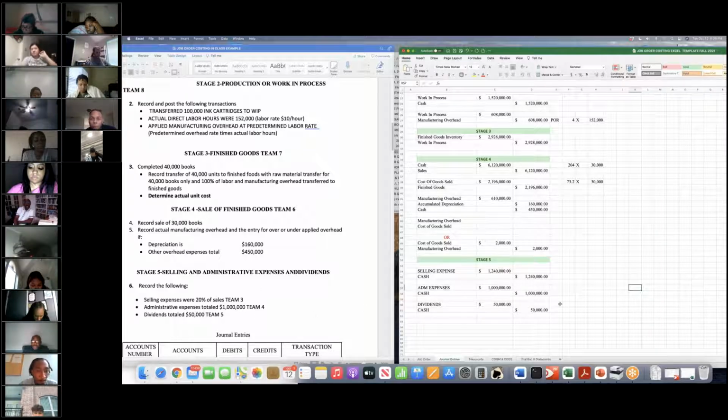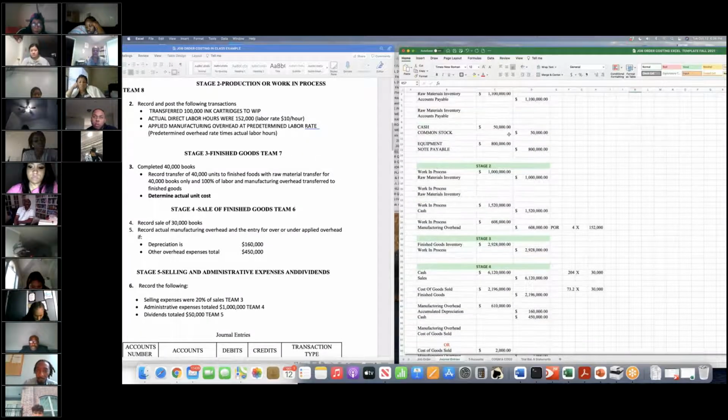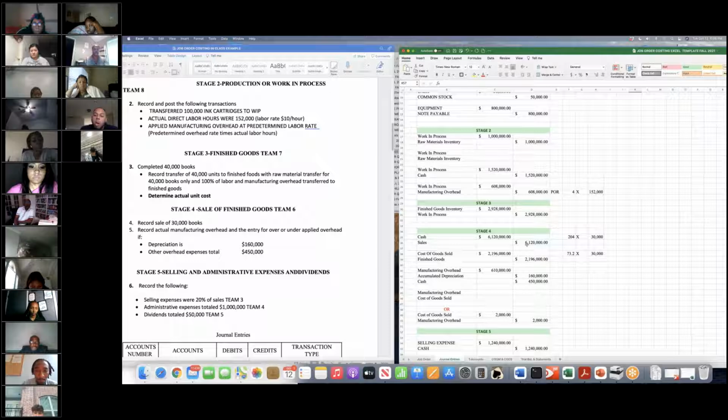Debit dividends, credit cash. So these entries are easy. All of these entries are easy. You only got kind of like 2 hard entries: how much you transfer in, then working with this overhead a little bit. But that is not the hardest of things to do.